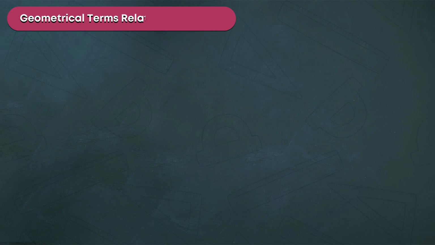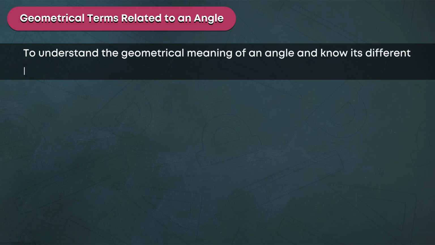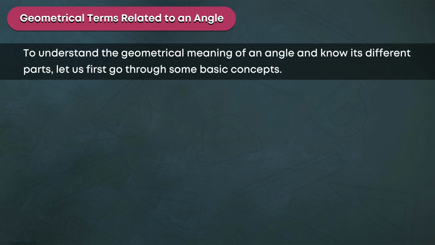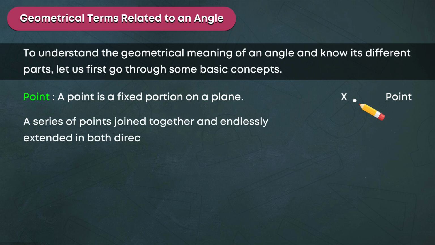Geometrical terms related to an angle. To understand the geometrical meaning of an angle and know its different parts, let us first go through some basic concepts. Point. A point is a fixed position on a plane. A series of points joined together and endlessly extended in both directions in a straight line is called a line.